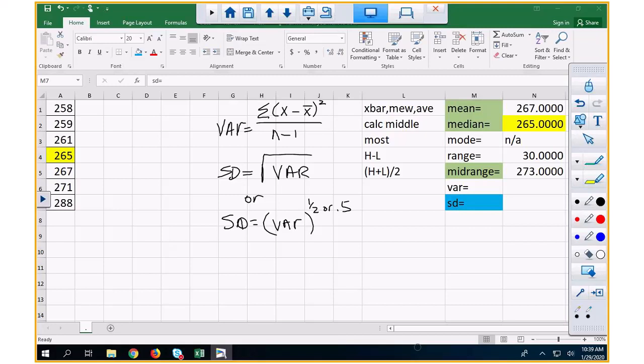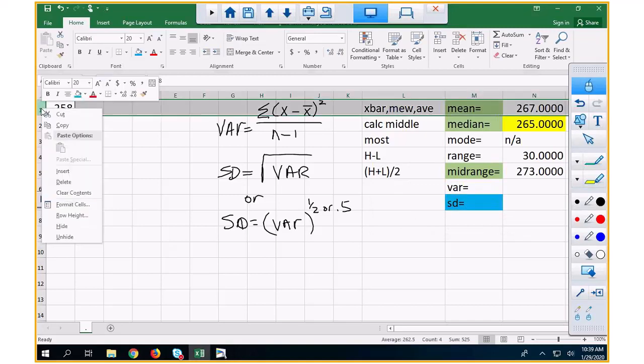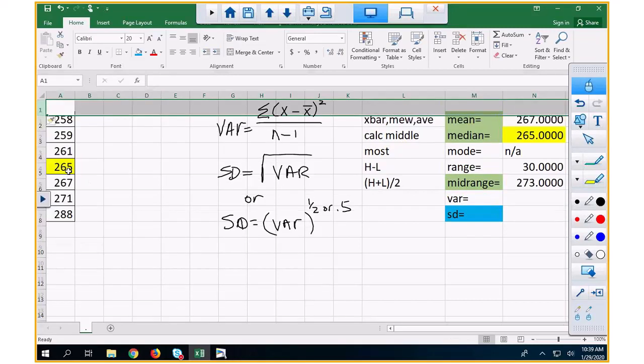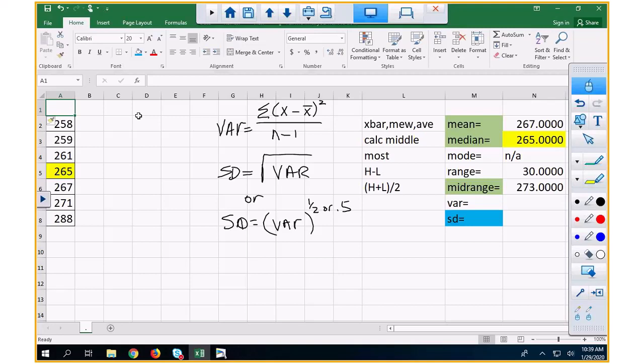So what does the formula say? It says x minus x bar, right? Where do we see x bar? That's the mean. So I'm going to insert a column here. Each one of these numbers is called x.